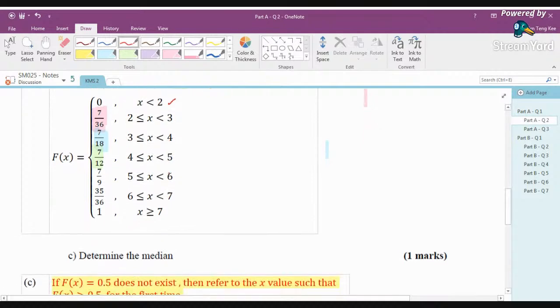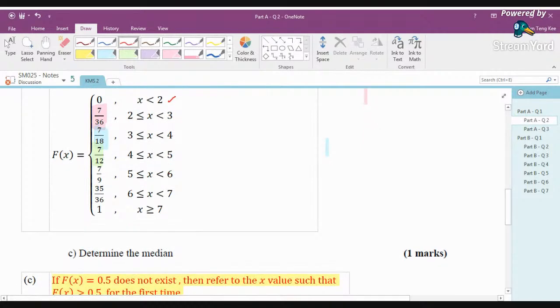Go on. To determine the median, only 1 mark is given. 1 mark means usually for the answer, you don't have any calculation or the calculation is very simple, can be done by inspection. So in this case, we are often told that if you want to find the median, we consider the case of cumulative F(x) equals 0.5.